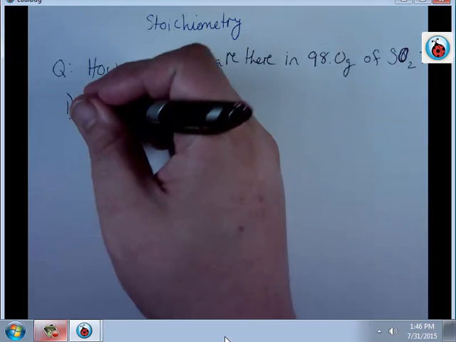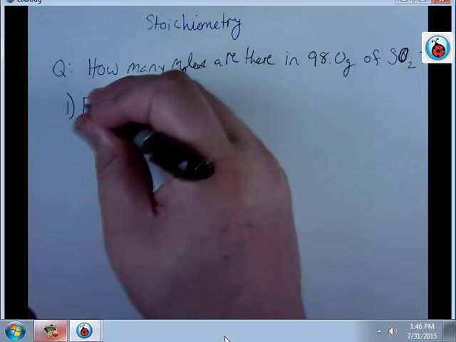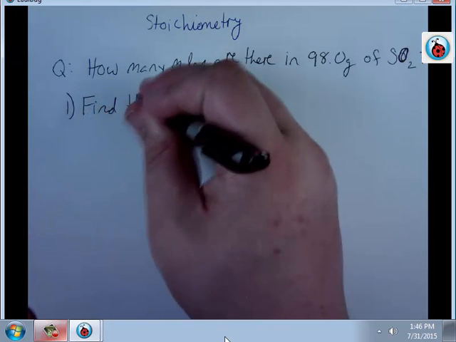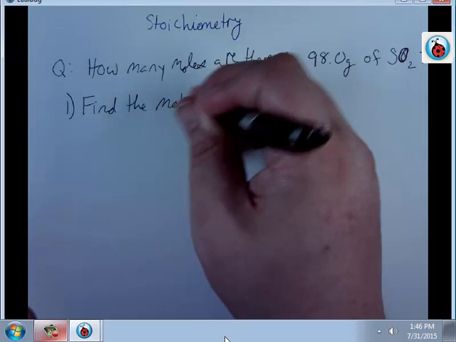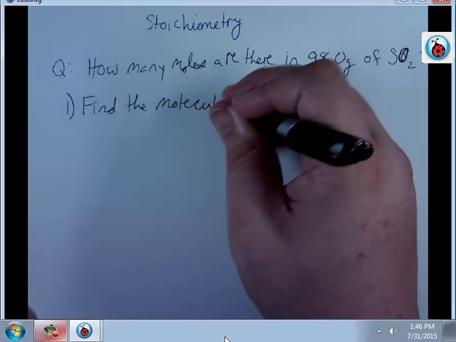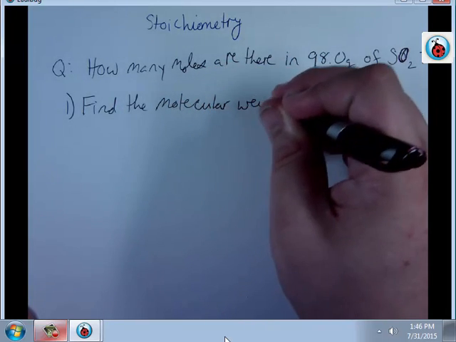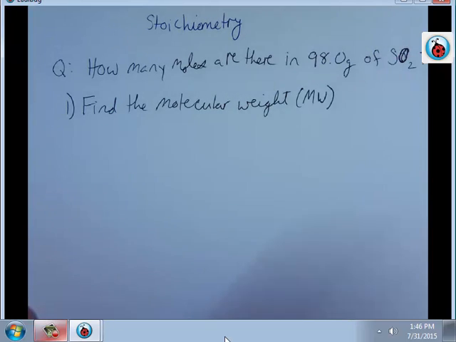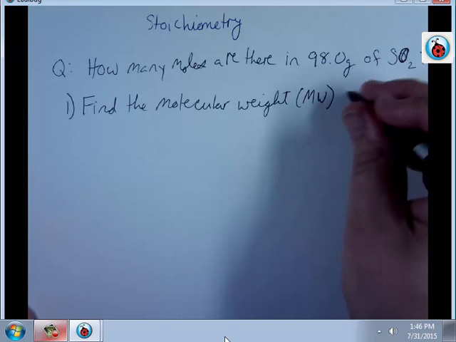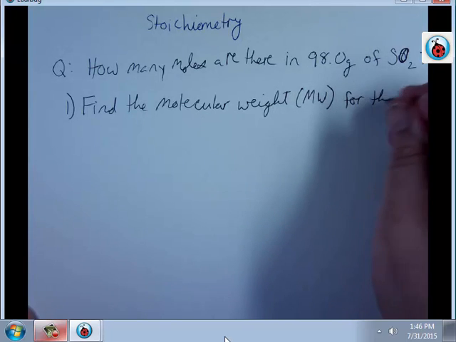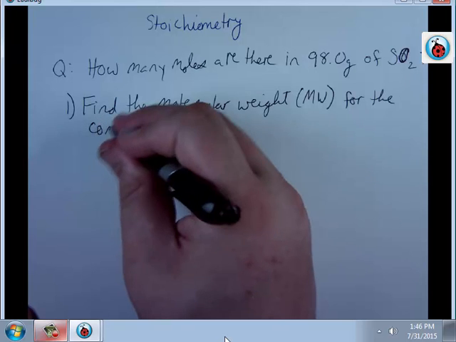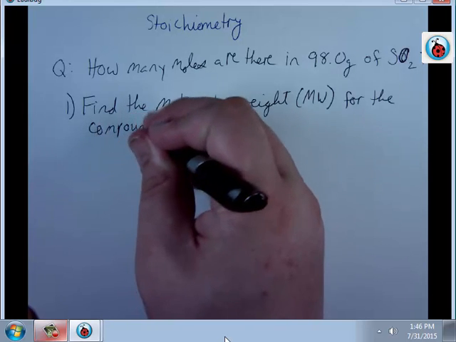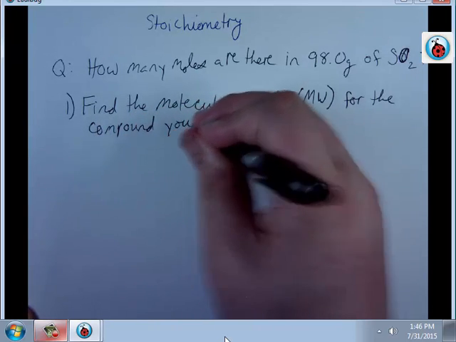First, find the molecular weight, which I'll be abbreviating as MW, for the compound you are looking at.